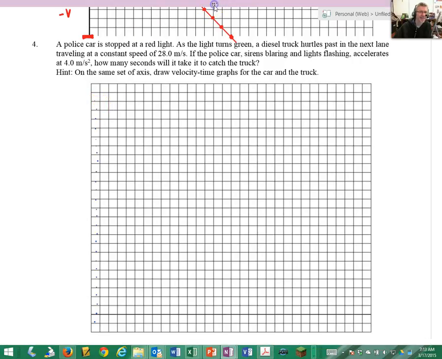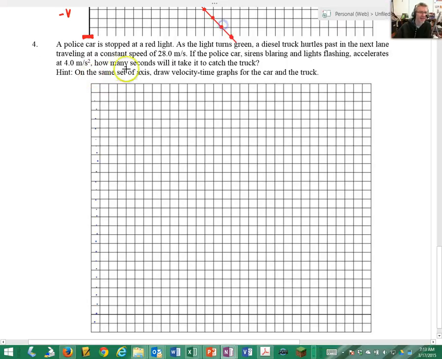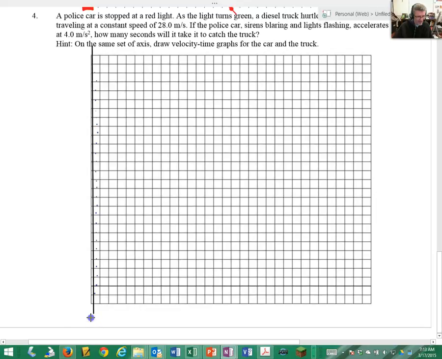All right, let's draw my axes here. I'm going to draw them in black. So this is my y-axis. Let me get this over a little bit here. Let me draw.